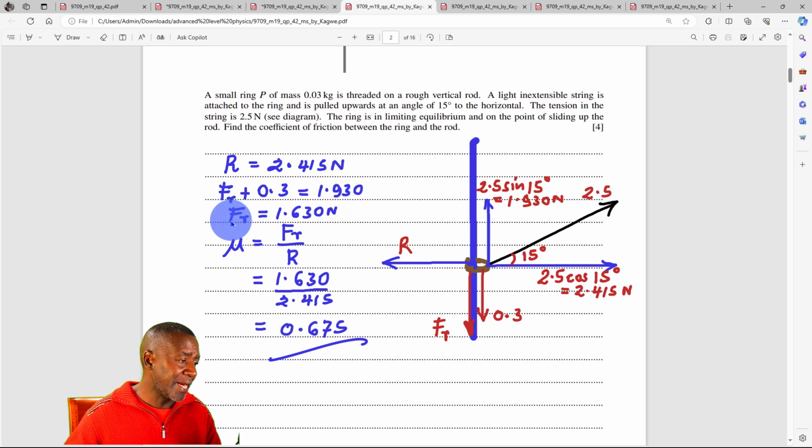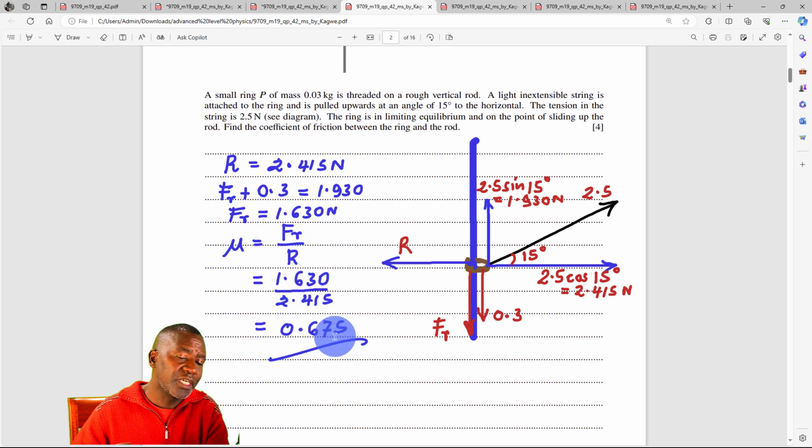And through that, I can get friction force as 1.630 newtons. Then the next step is just to use mu is equal to friction force divided by normal component, and I get my value of the coefficient of friction as 0.675.